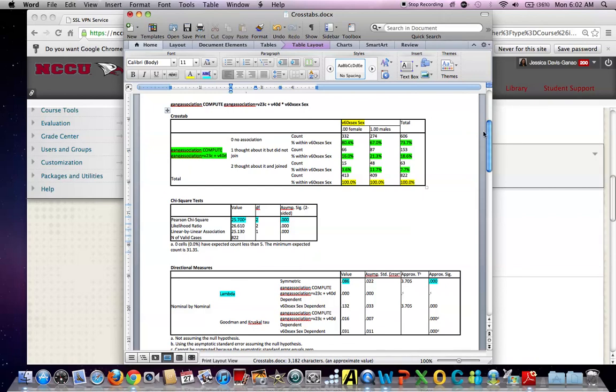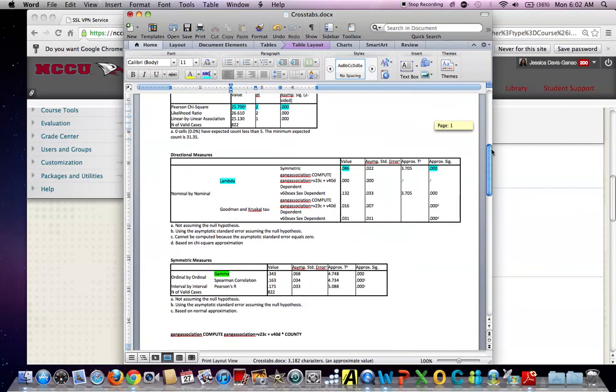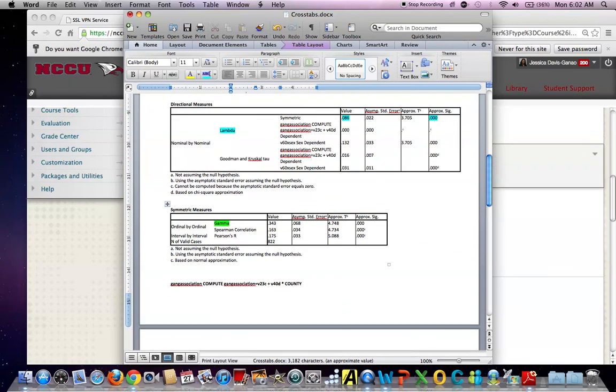It appears that SPSS is treating the gang association as an ordinal level measure and not a nominal level measure, because I'm noticing that the gamma values are higher. Again, this is their p-value, so that's not what I'm focusing on.